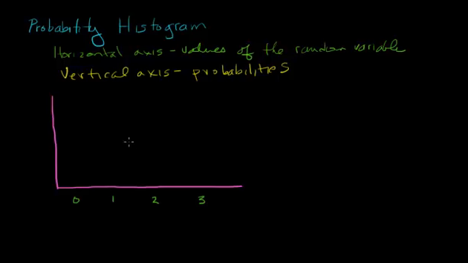Okay, now we're going to construct bars. They're histogram bars, and they're in the shape of rectangles that we've seen before, and the width of the bars will be 1. So I'm going to make a note here. The width is 1. And the length is the probability, or the height of the bar, right?